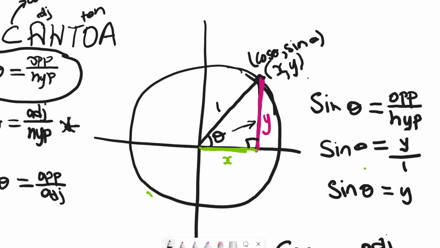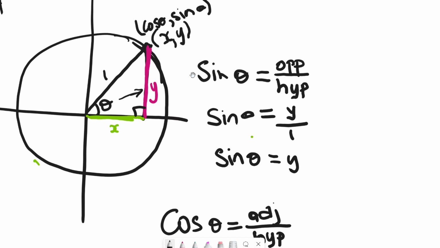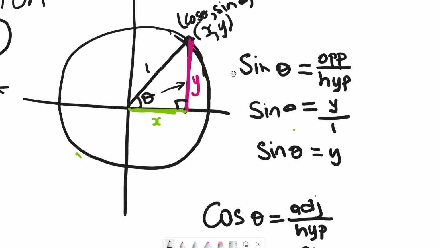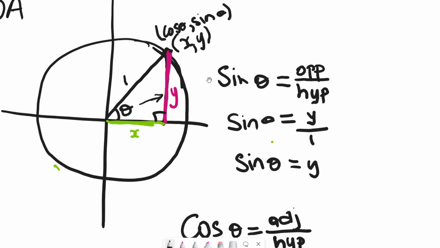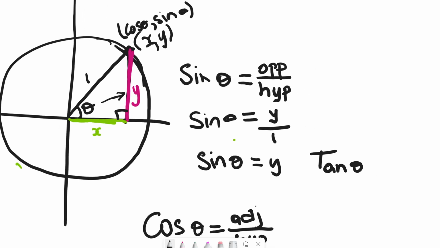Okay. Now, in a similar way, we can also derive the tangent of theta. Now, what is that in reference to all of this? So let's look at what tan means for us. So tangent of theta, or we'll say tan for short. Tan of theta, well, we said in our TOA, so I like to go back to these acronyms.